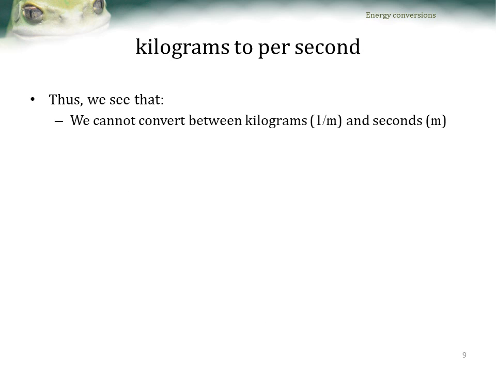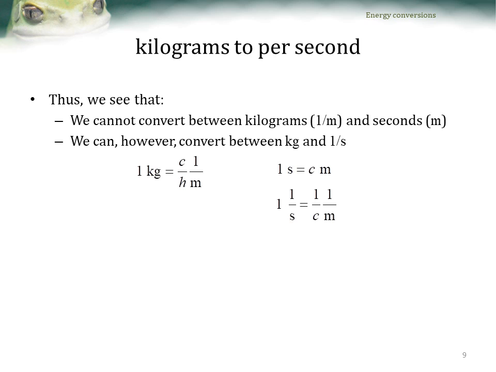Thus, for example, it's not possible to convert between kilograms, which is equivalent to 1 over meters, and seconds, which is equivalent to meters. We can, however, convert between kilograms and per second. 1 kilogram is equal to C over H per meter. 1 second is equal to C meters, therefore 1 per second is equal to 1 over C per meter.